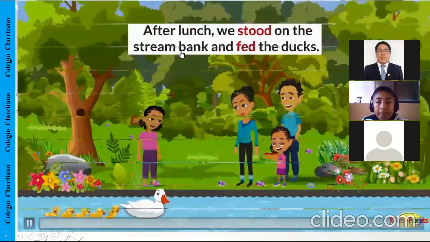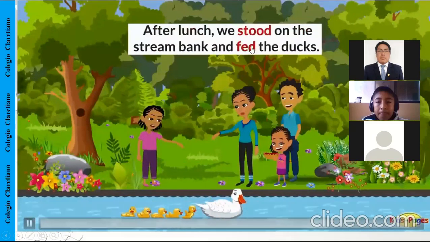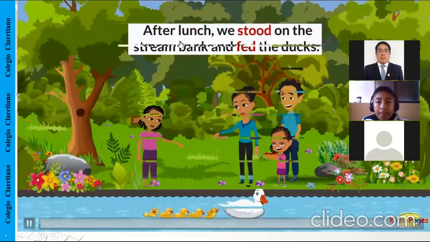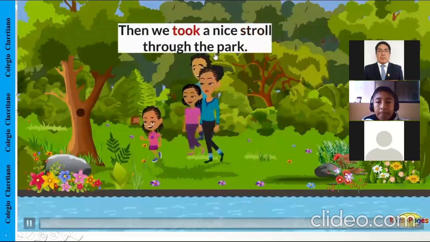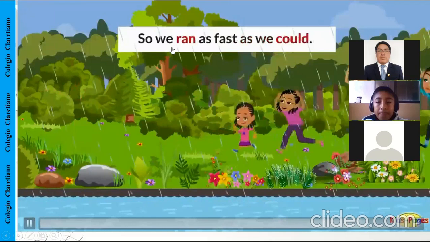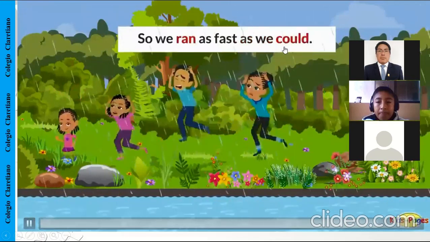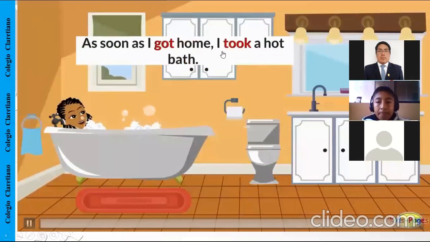After lunch, we stood on the stream bank and fed the ducks. Then we took a nice stroll through the park. A moment later, it started to rain. So we ran as fast as we could. As soon as I got home, I took a hot bath.